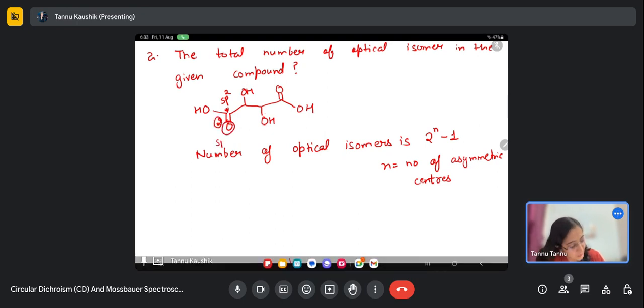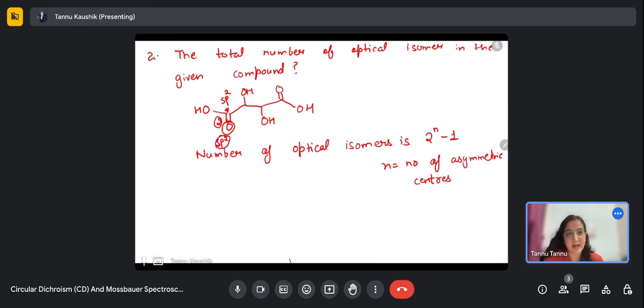So for a carbon atom to be asymmetric, it has to have sp3 hybridization, because the concept is all four valencies are occupied by four different atoms. But here two of the bonds are being occupied by oxygen, so it can't be a chiral center. Similarly, this can't be a chiral center.